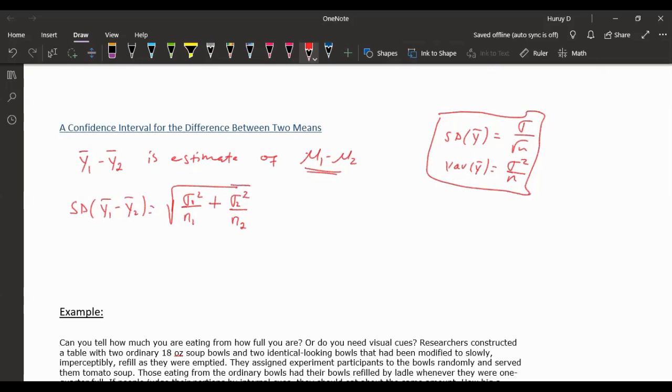So I have to use that subscript. So this is the standard deviation of the difference. And the standard error, if we don't know the variances of y bar 1 minus y bar 2, is again the same with s1 square over n1 plus s2 square over n2.